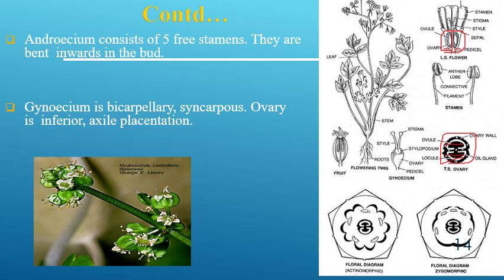In this placentation, sometimes a number of false septa are formed. Due to this, the number of chambers or locules may be increased in the ovary. An epigynous disc, also called stylopodium, here this is stylopodium, is present on the top of the ovary.